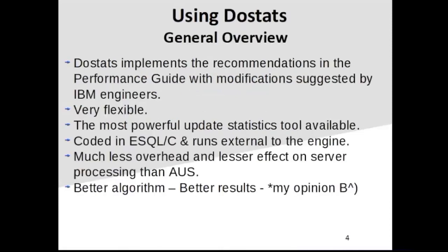Okay. So for those few who are not familiar with it, Dostats is my utility that implements all the recommended guidelines in the Informix Performance Guide for how to build usable data distributions for your database in reasonable time. As we'll talk about later, the best distributions you can build will always be high statistics on every single column with a very high resolution.